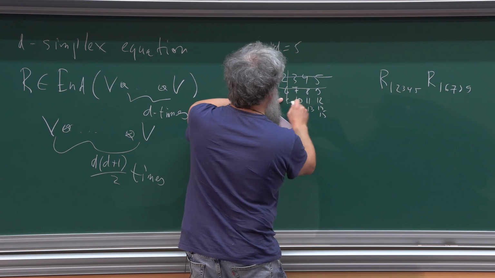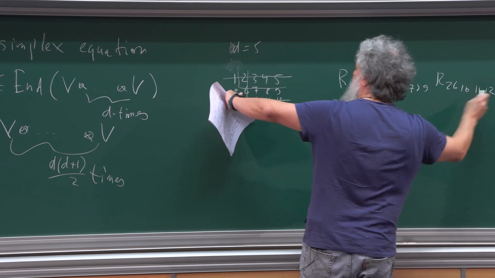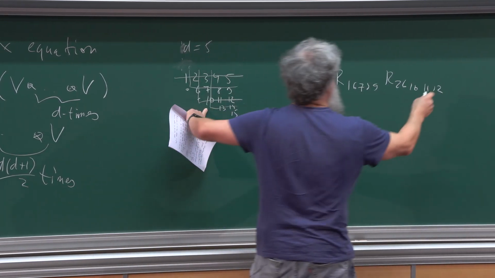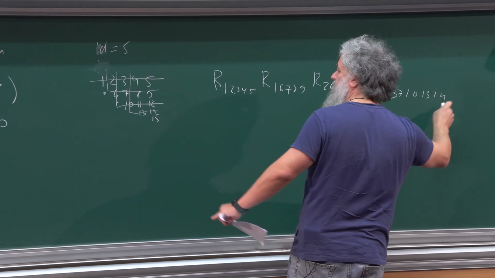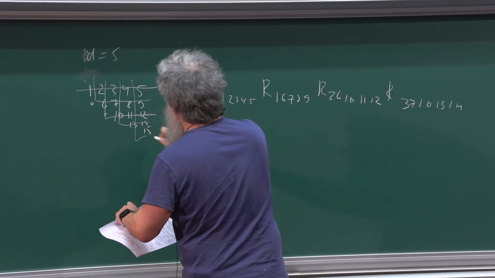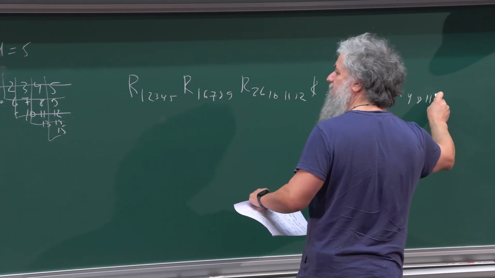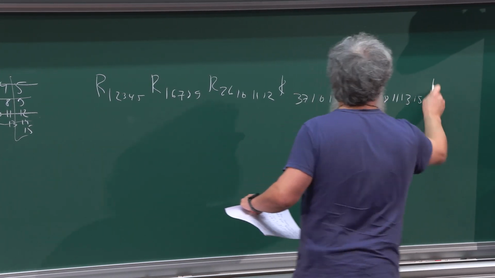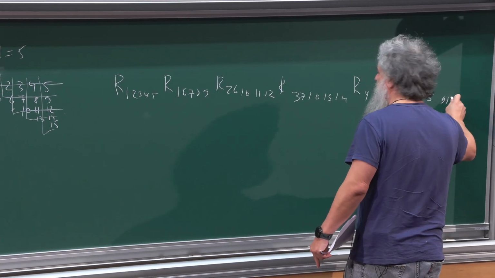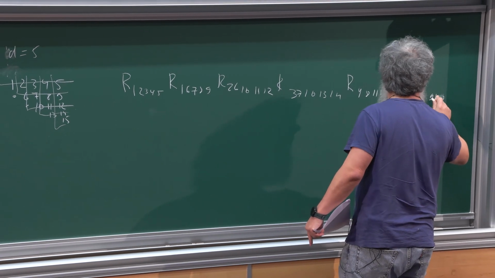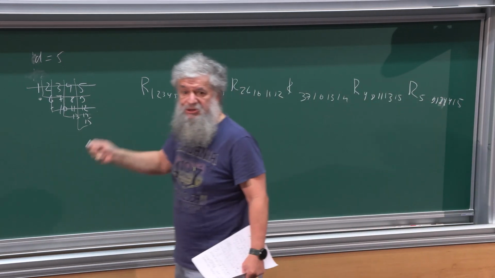Then another: A2 6 10 11 12. Then A3 7 10 13 14. Then A4 8 11 13 15. And the last term would be this column: 5 9 12 14 15. And then you have to write it vice versa.